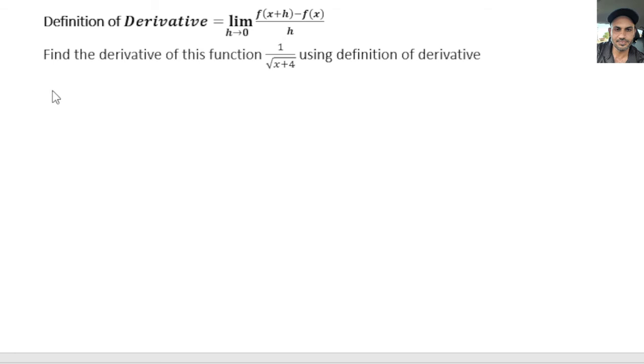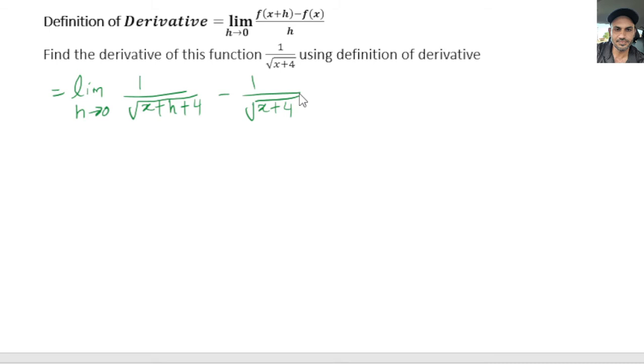So we have the limit as h goes to 0. And we plug in x plus h here, so it becomes 1 over square root of x plus h plus 4, minus f of x, which is just this right here, 1 over square root of x plus 4.